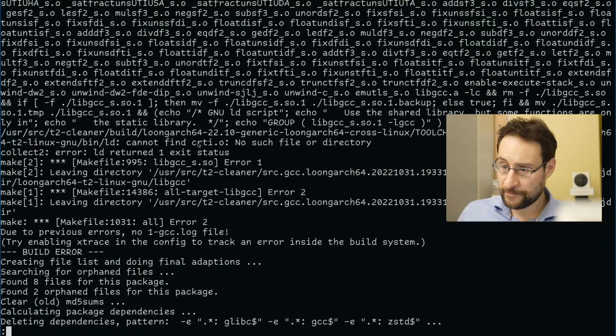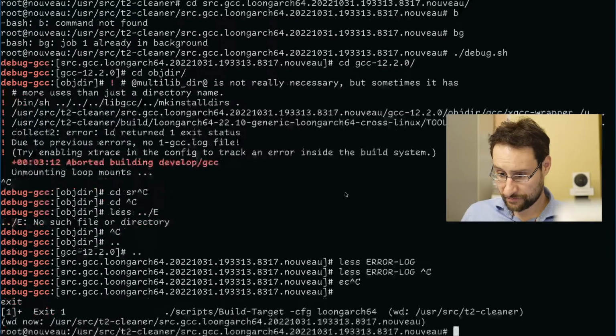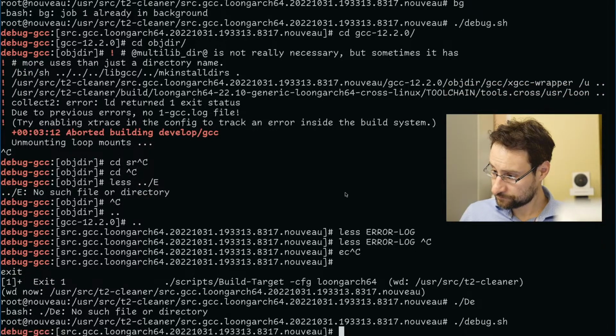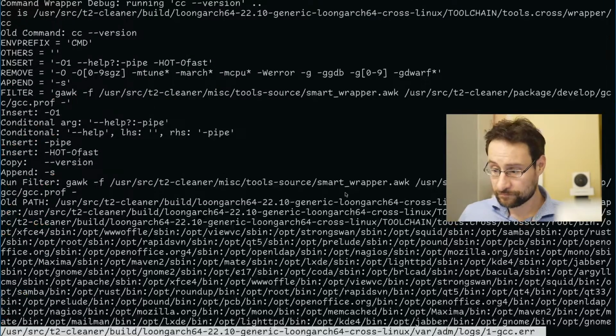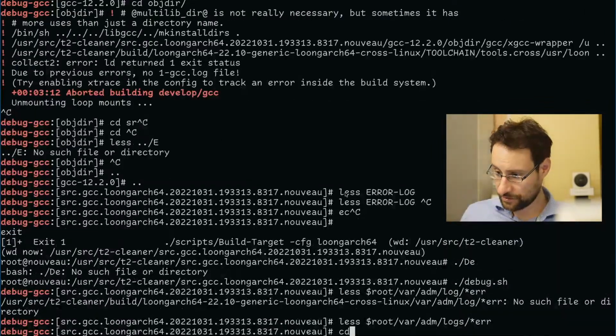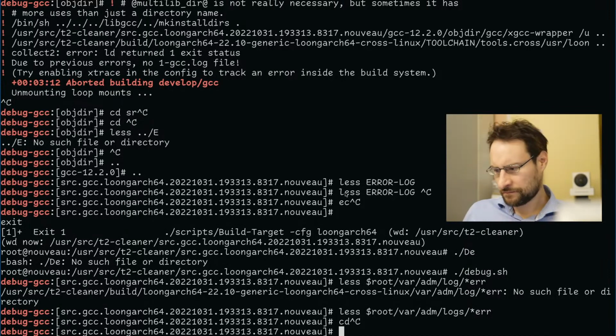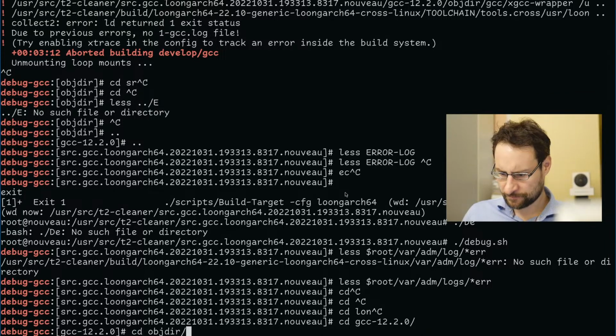So, which even is, which state did we build? One GCC, so it should have that already, unless it's building more multi-lib variants.